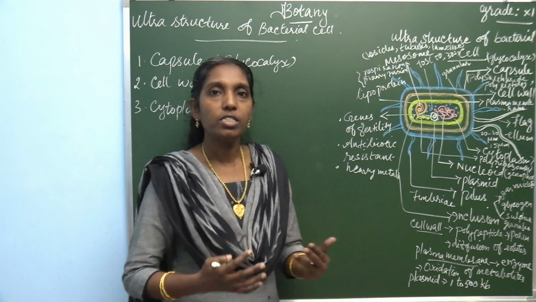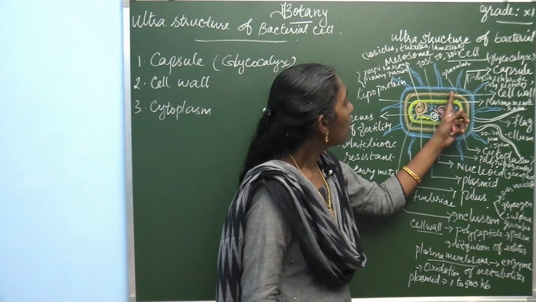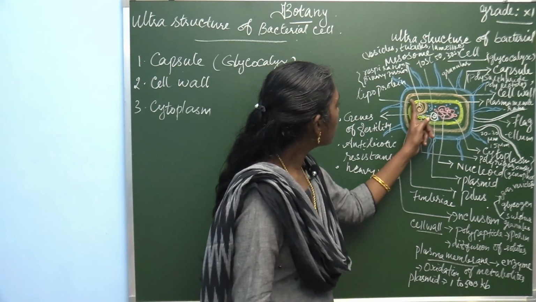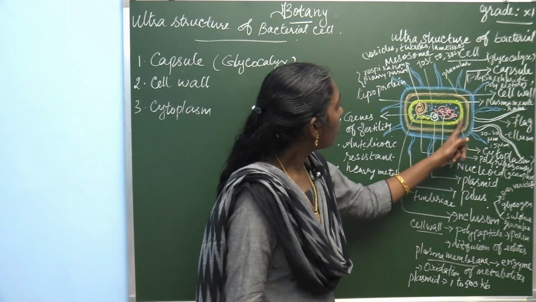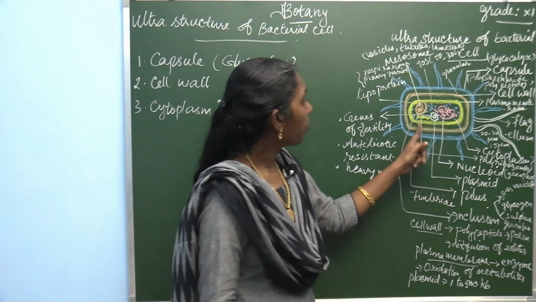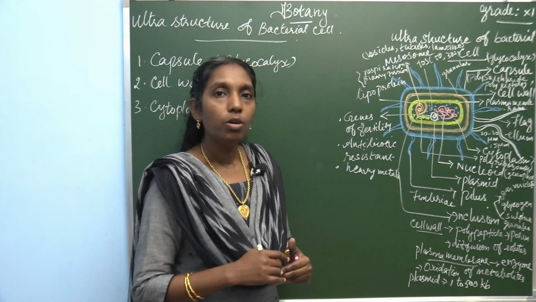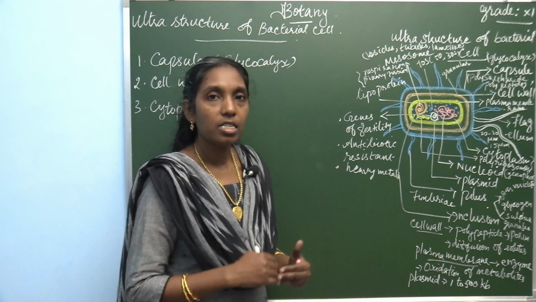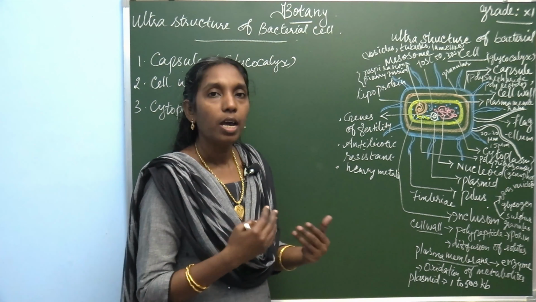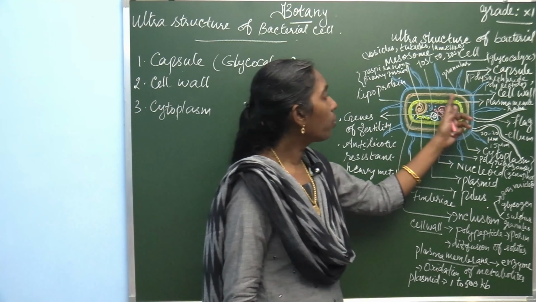And the composition of cell wall: the cell wall is made up of peptidoglycan. Bacterial cell wall is made up of peptidoglycan or mucopeptides.